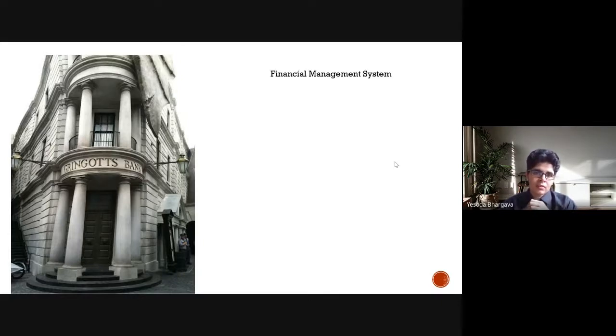Okay. So, let's say there's a financial management system. What do you think the objects of a financial management system can be, according to you? According to all of you, what can be the possible objects in a financial management system or class? So think about the criteria that we discussed just now.